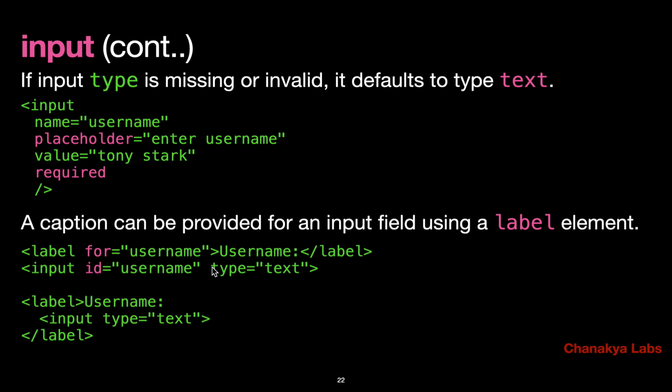Let's say an input element is there. Now you provide some ID for this, and in the label there is a particular attribute called for. Inside the for, whatever identifier you give, if that identifier is some element's ID, then that label is counted as connected to that particular input.